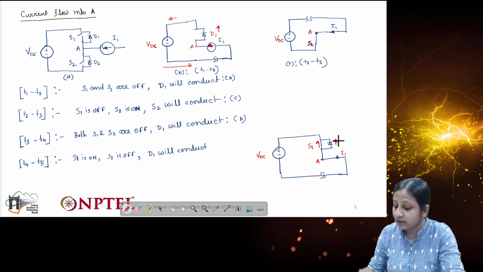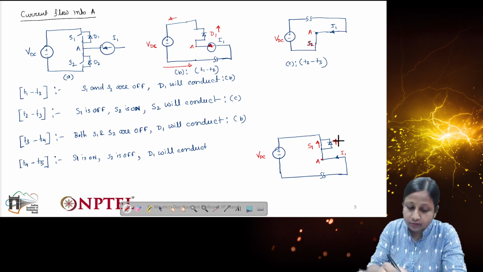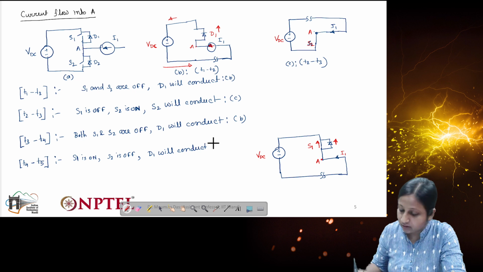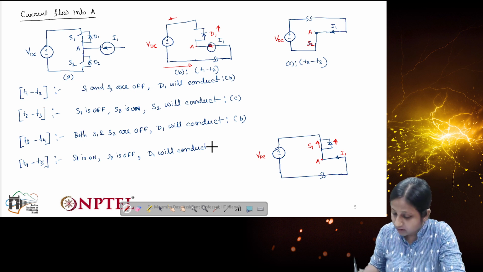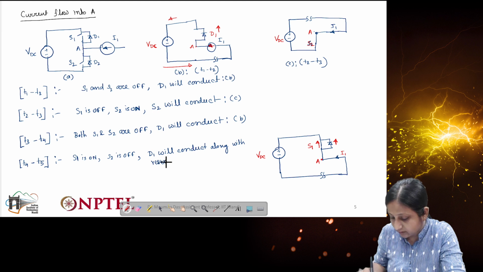The current will divide and conduct, along with reverse current in S1.